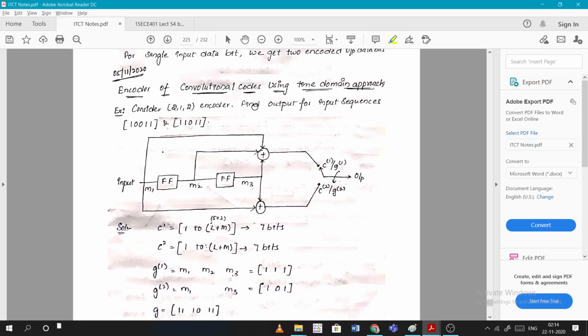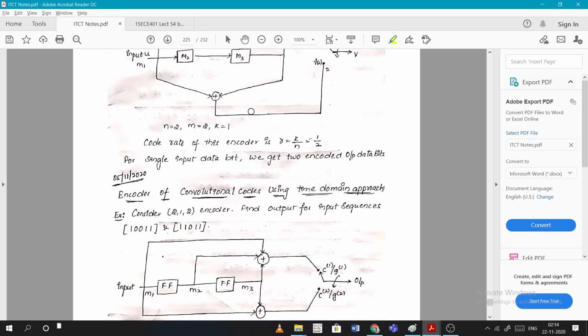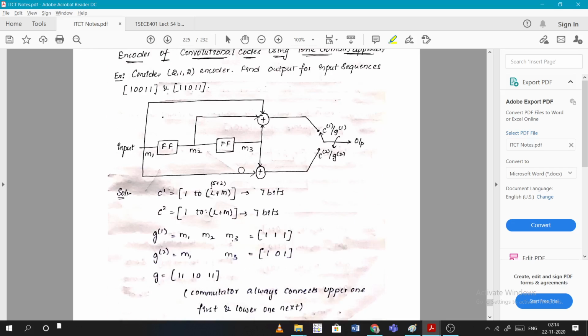L is the total length of the bits, that is 5, and M is 2. So the total is 7 bits. The data is 5 bits, that's why L is 5 plus 2, that is 7 bits. In the same way for C2 also it will be 7 bits only.